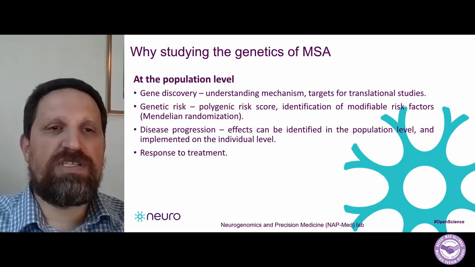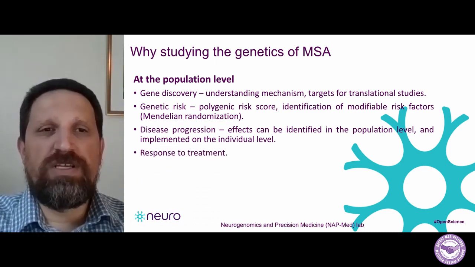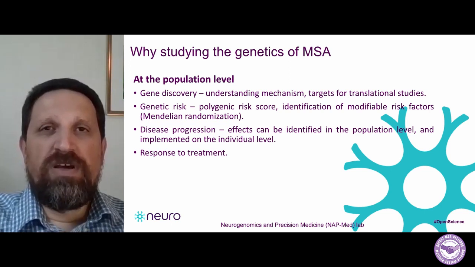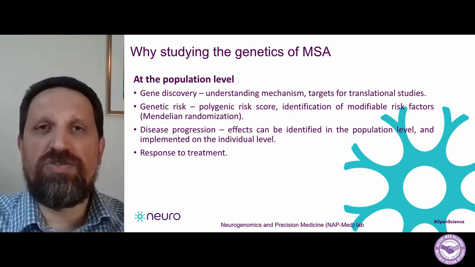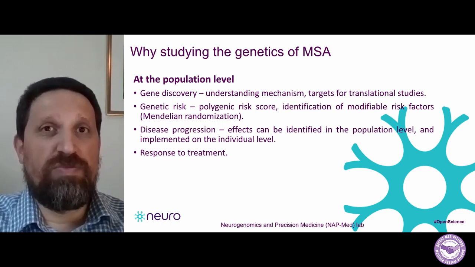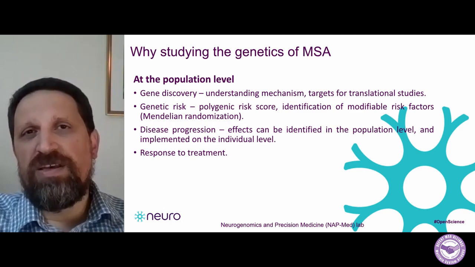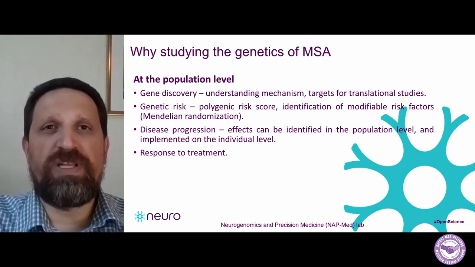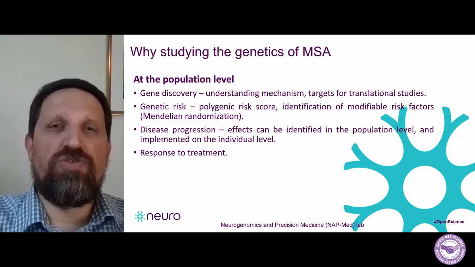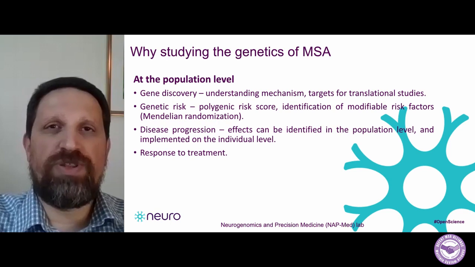Another thing that can be studied using genetics is response to treatment. Also, as you're probably well aware, some people respond better than others to different treatments, mainly symptomatic treatments. And identifying the genetic factors that affect the different response to treatment can help us determine which individual will respond better to which treatment.